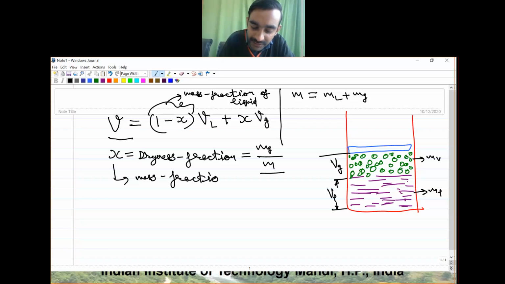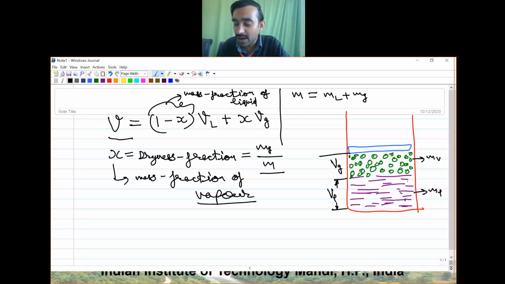So you can see that while defining the overall specific volume for this system, the overall specific volume V is nothing but the weighted mass average of the individual specific volumes of the liquid and vapor.